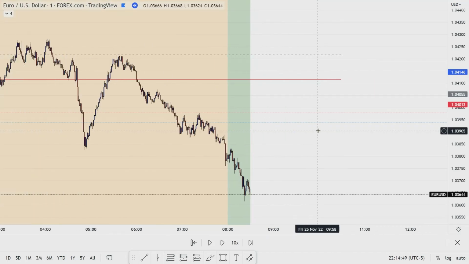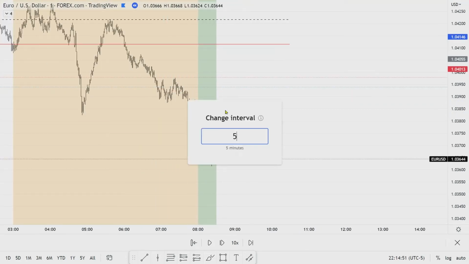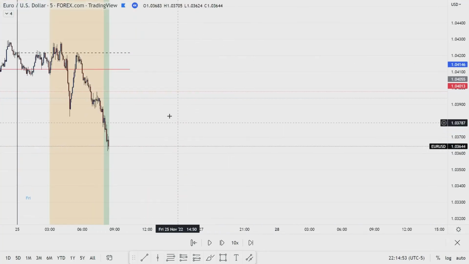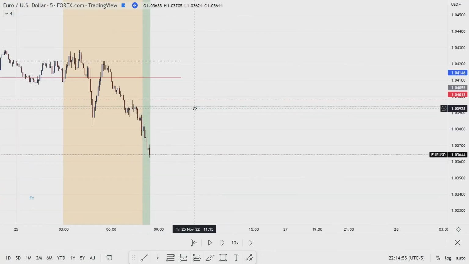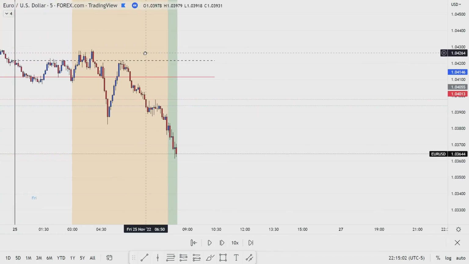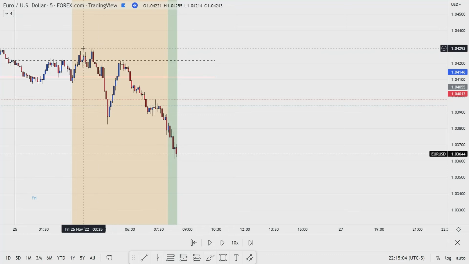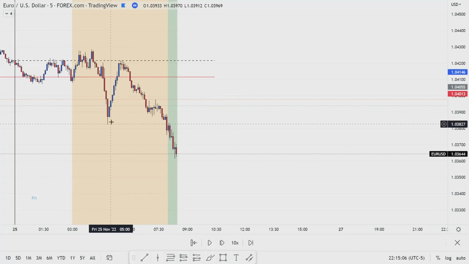And I'm looking at the same thing again. I'm looking at the significant highs and lows of London. So for Friday, it would have been this high right here and this low right here.